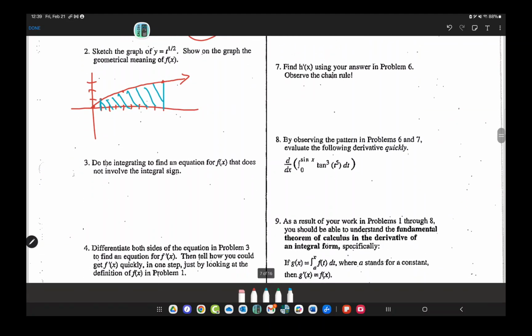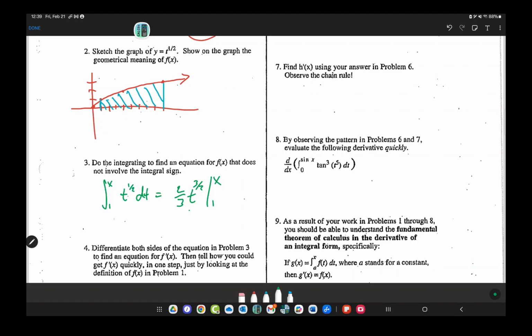Number 3. Do the integrating to find equation for f of x that does not involve the integral sign. Okay. So if we left it as the integral of 1 to x of t to the 1/2 dt, that would give you 2/3 t to the 3/2 from 1 to x.